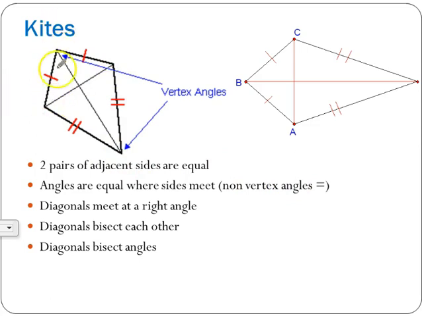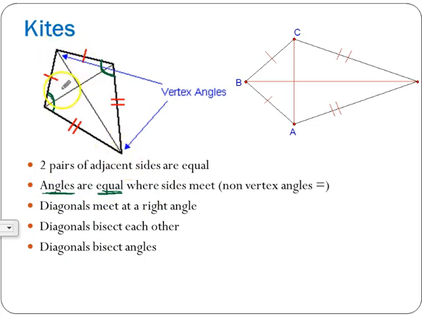So this angle here and this angle here are going to be congruent, and that's it. The vertex angles are where you've got your congruent sides where those meet. So the non-vertex angles, these two right here, are going to be equal. Those angles will be equal.